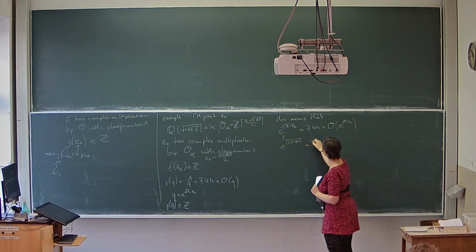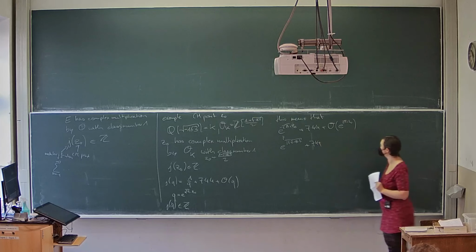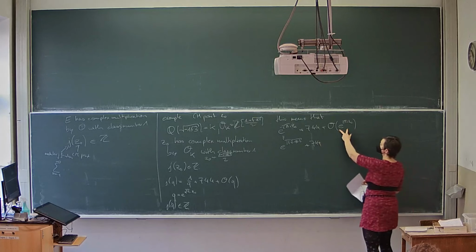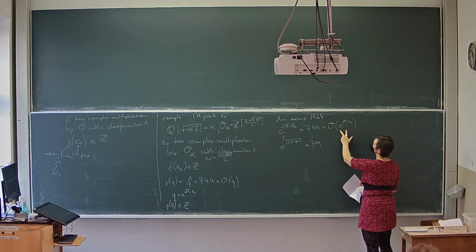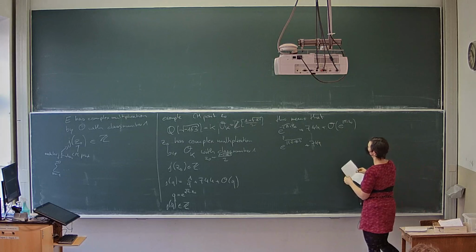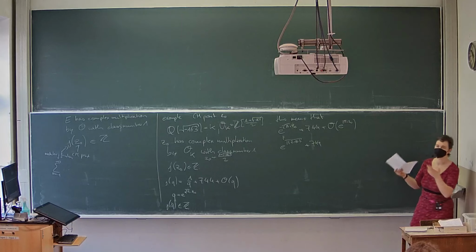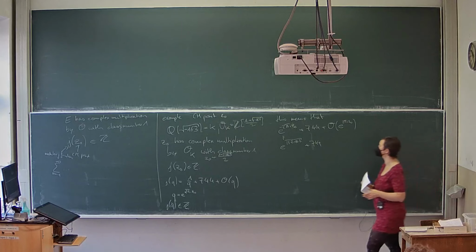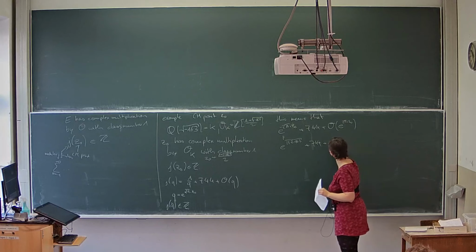Then we have another integer, and this gets very small very fast. So this is something like 0, then maybe 5 zeros, and then we have something.